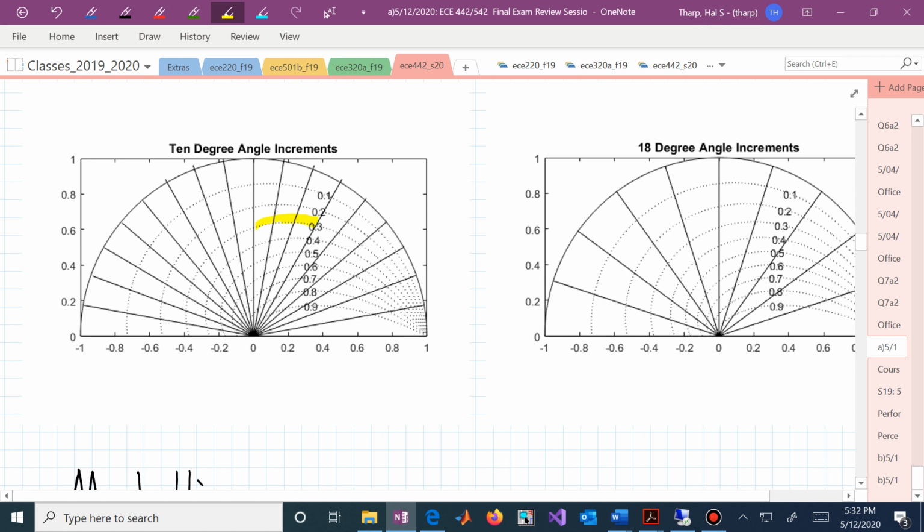We're at 0.28 for our zeta value, and we're between 60 degrees and 90 degrees. So we should be looking at poles somewhere in that yellow highlighted region. Is that true? Here's 10, 20, 30, 40, 50, 60. So we would expect our dominant poles to be somewhere in that shaded region.